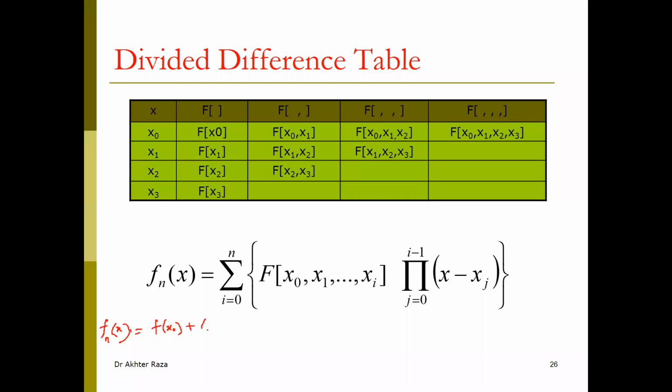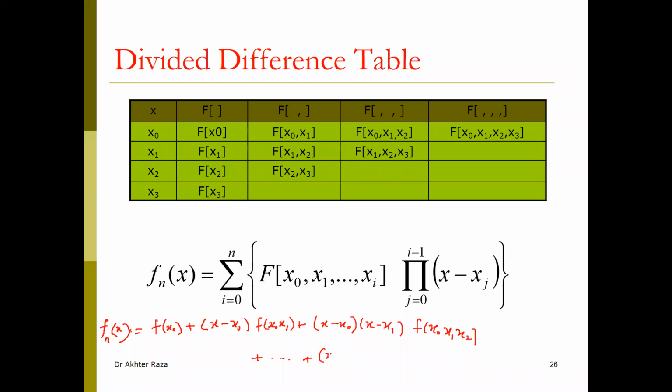Plus (x minus x0) f[x0, x1], plus (x minus x0)(x minus x1) f[x0, x1, x2], and so on. In the same way you have to proceed.